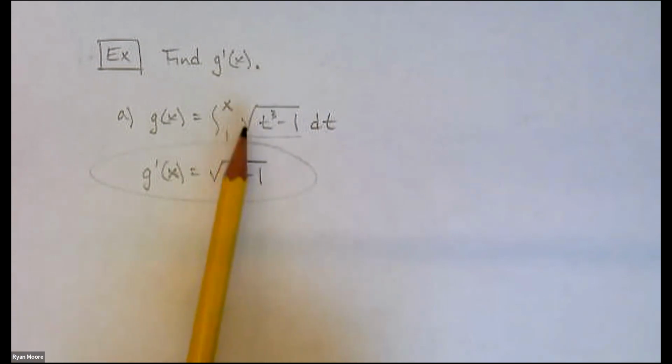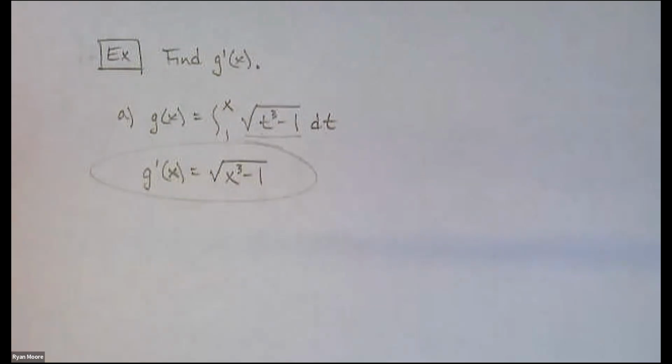What is the antiderivative of square root of t cubed minus 1? What do you take the derivative of to end up with this as your derivative? I don't know. I have no idea, right? There'd be a chain rule.